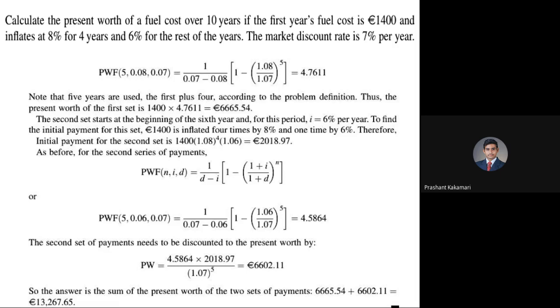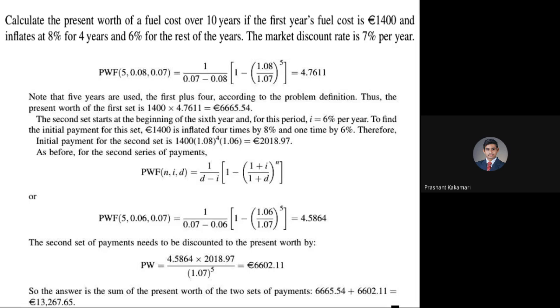So in this problem, what we need to understand is out of 10 years, inflation rate is changing here. Okay, in the first year, the fuel cost is 1400. After that 4 years, how much is the inflation rate? 8%. So total it becomes 5 years and 6% for the rest of the years. So out of 10 years, first year is 1400.